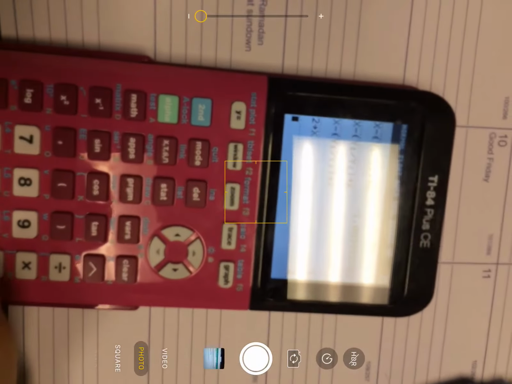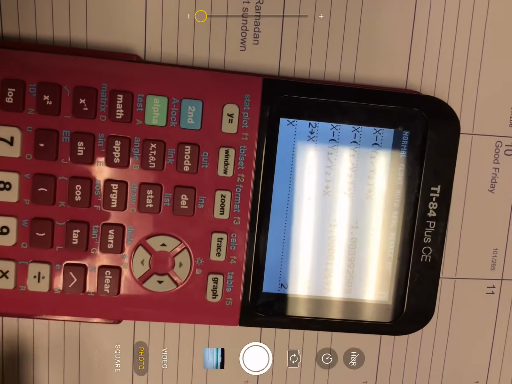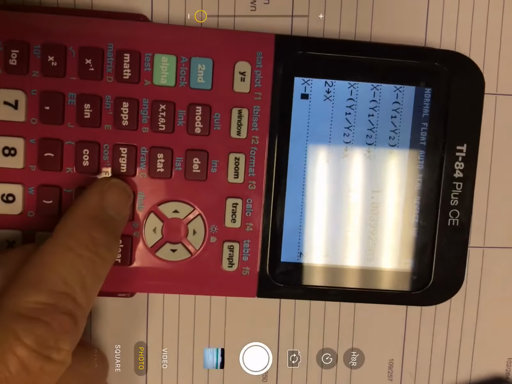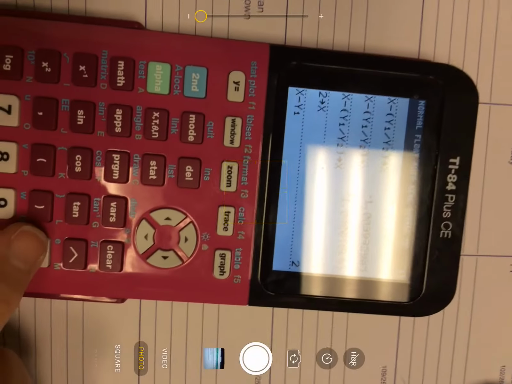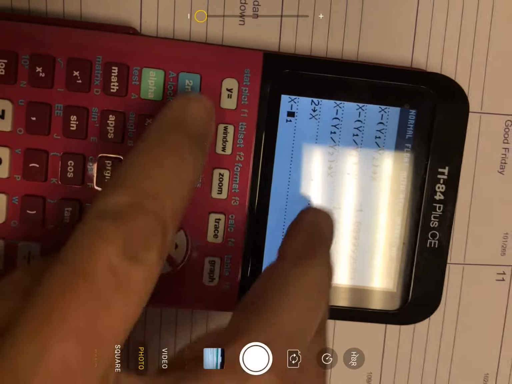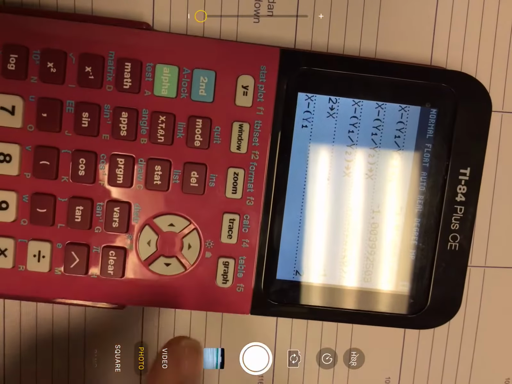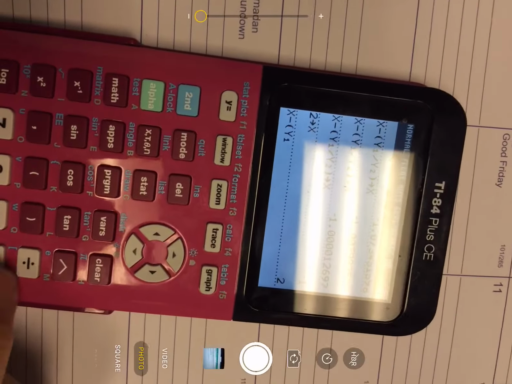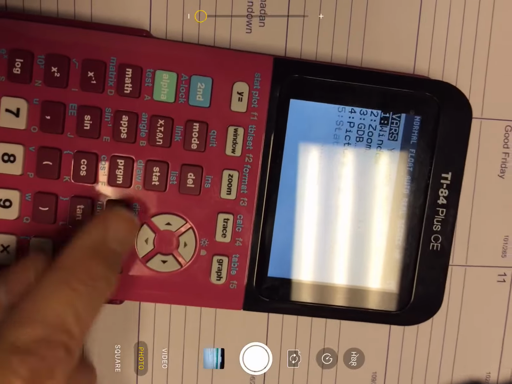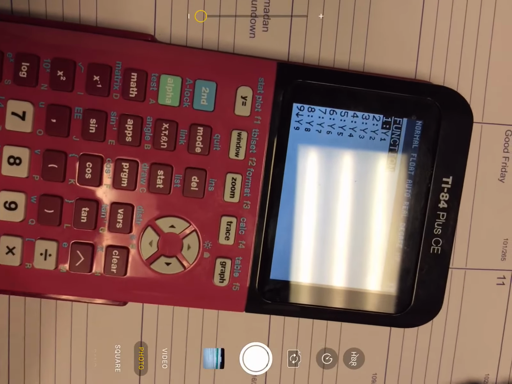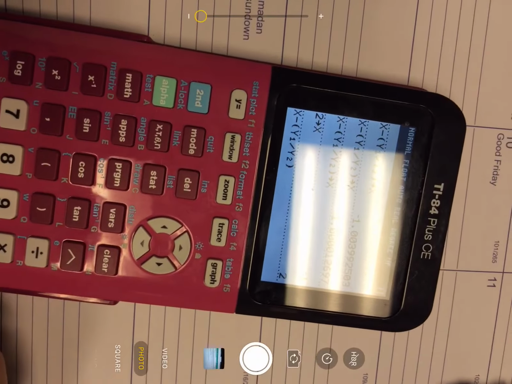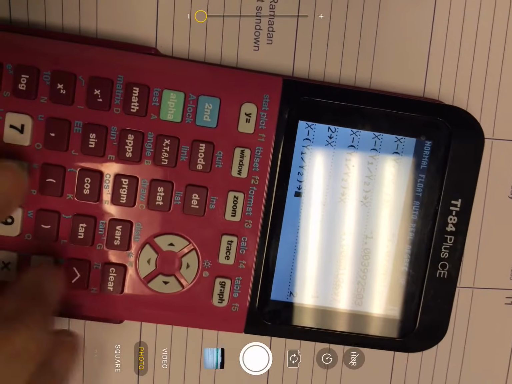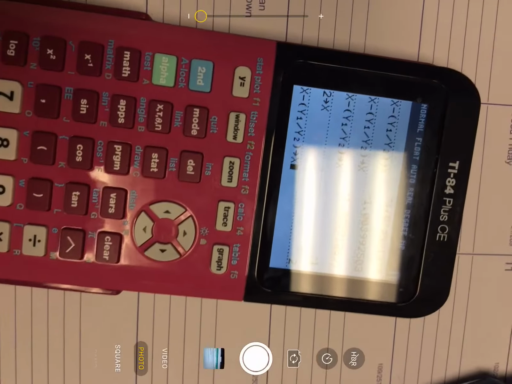And then we're going to say x minus, I keep forgetting the parentheses, sorry, second insert, parentheses, vars, y vars, y1, divided by vars, y2, which is the derivative, close the parentheses, and then store that into x.